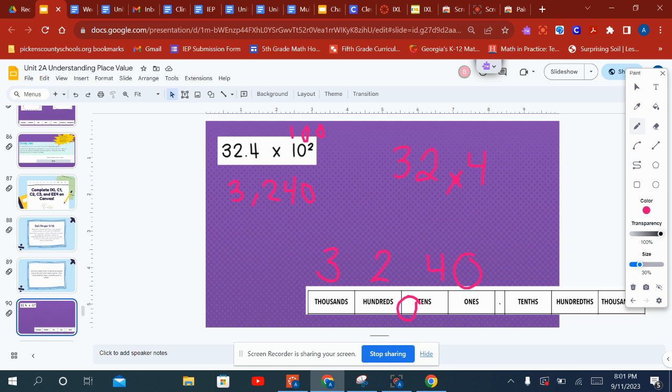It's 32. So if I move my decimal this way once, and we're multiplying by 100, so twice, this shows my shift of numbers. My decimal is now at the end because my numbers have been shifted.